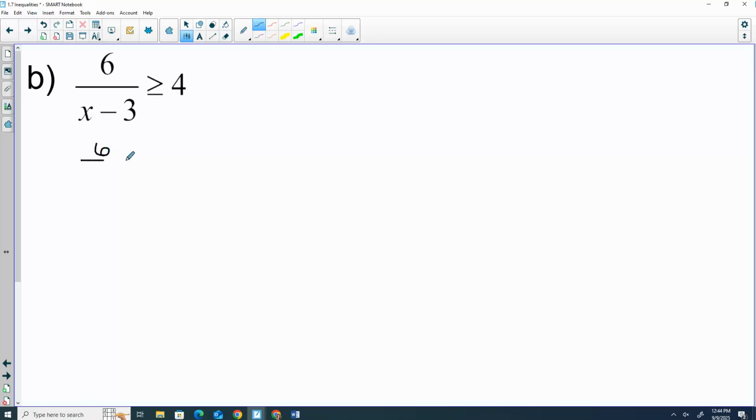We always have to get 0 on one side. So subtract our 4, we've got that. And we want a single fraction on the other. So this is like a 4/1. If we want to add or subtract fractions, we know we have to get that common denominator. So we'll take that times x minus 3 on top and bottom.